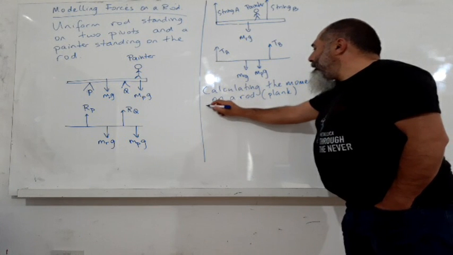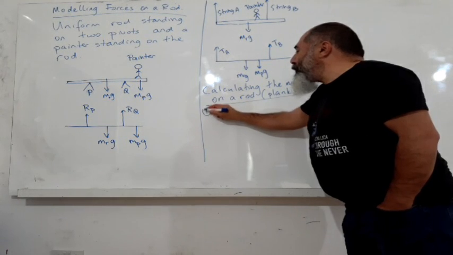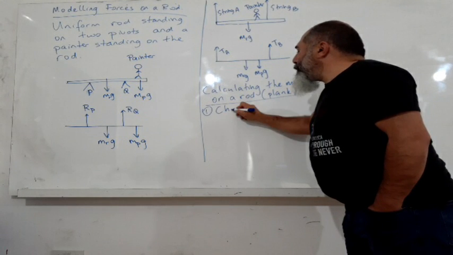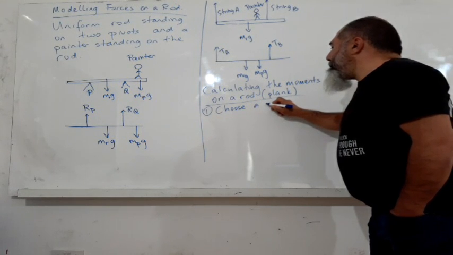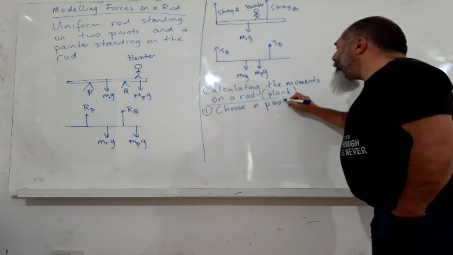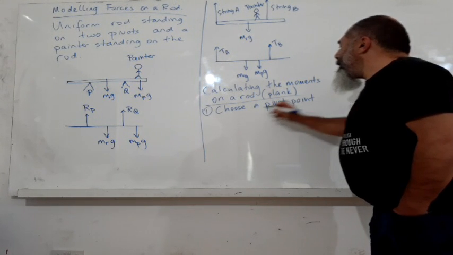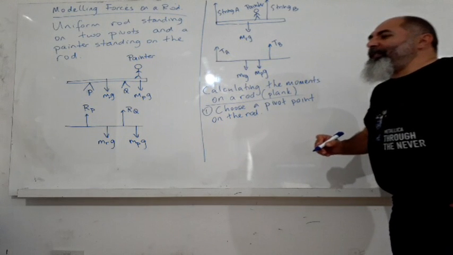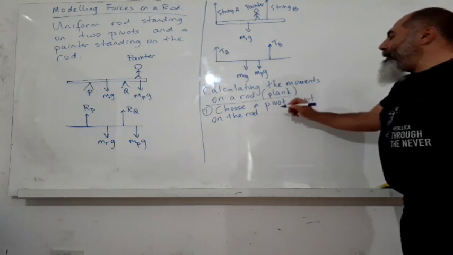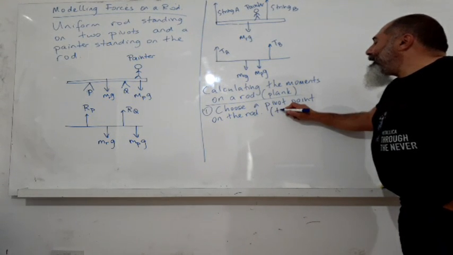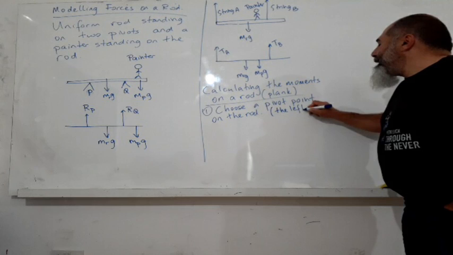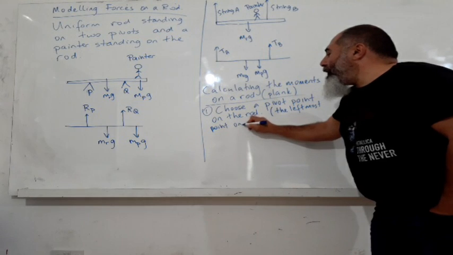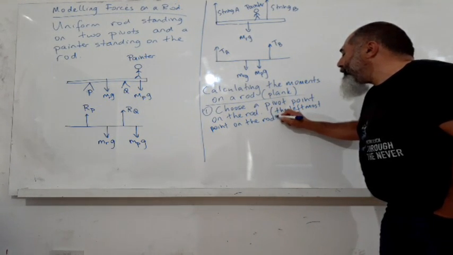First thing to do is to choose a pivot point on the rod, and what Mr. Umut told you, the pivot point is going to be the leftmost point on the rod, unless stated otherwise.